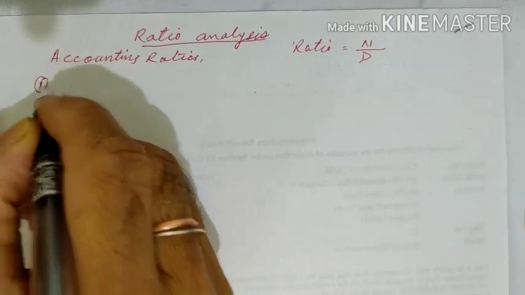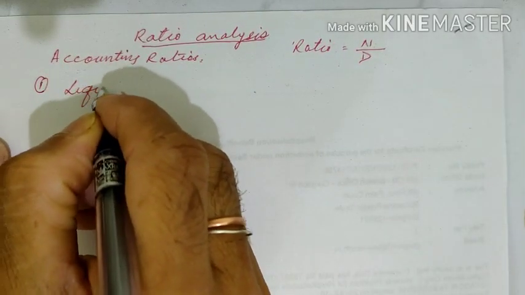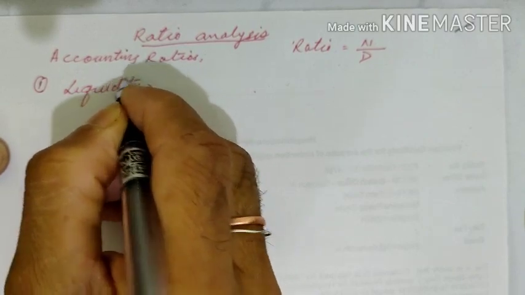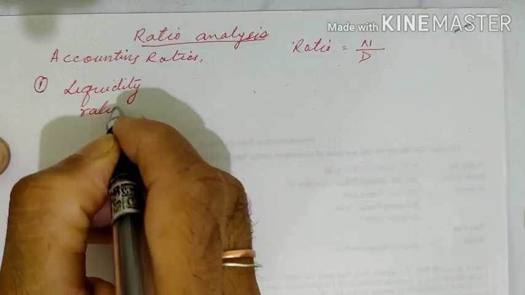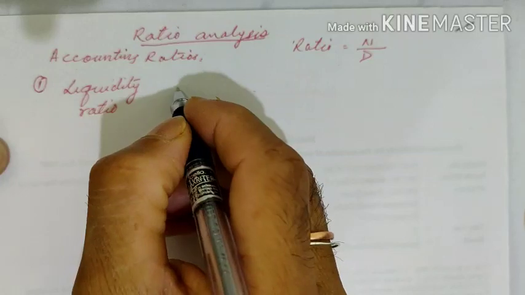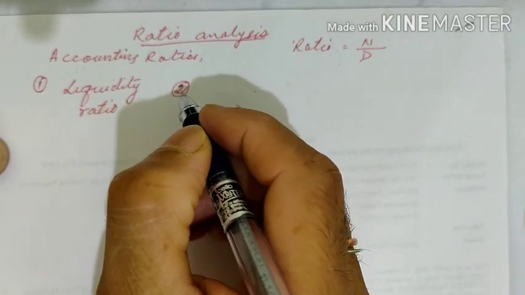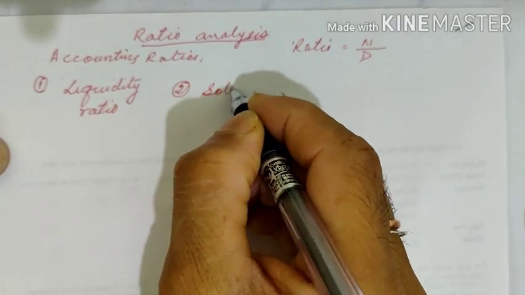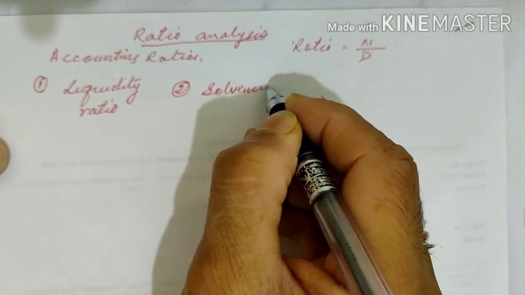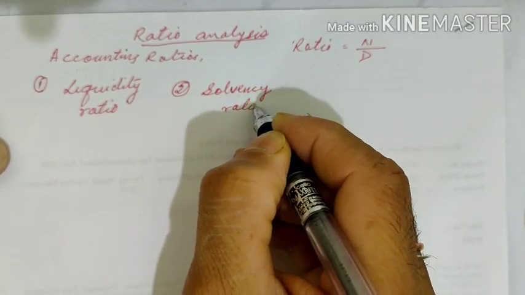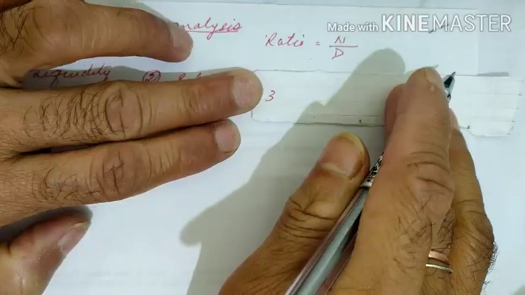Number one, liquidity ratio. Number two, you have solvency ratio.